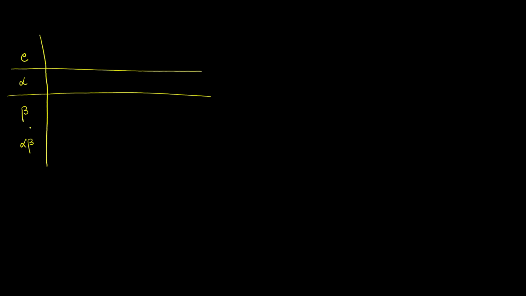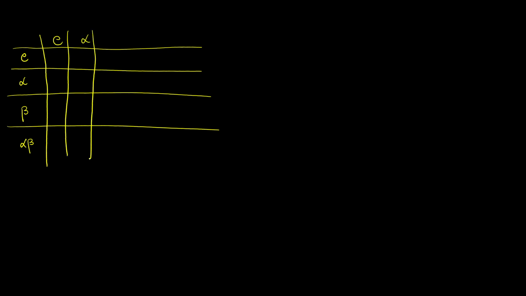We will have identity, alpha, beta, alpha beta, and again identity, alpha, beta, alpha beta. Okay, now what is identity times identity? It is identity, then here alpha, beta, alpha beta. Similarly here also alpha, beta, alpha beta, right?